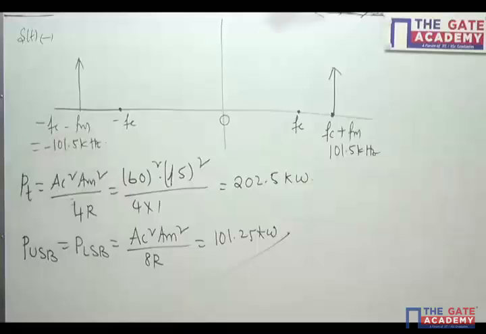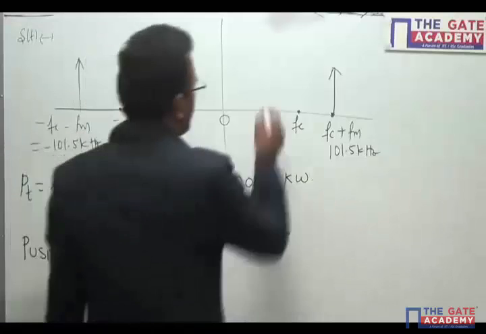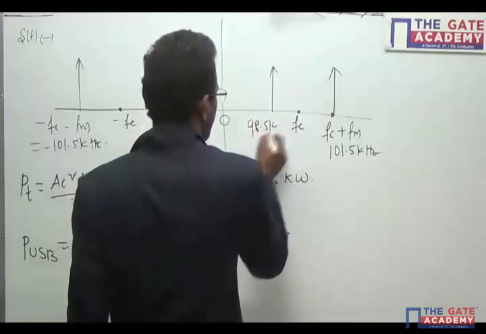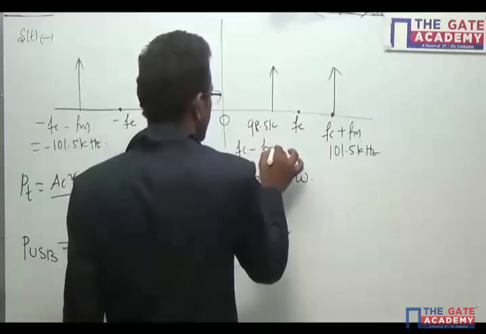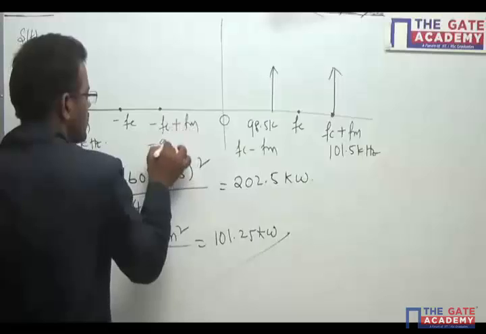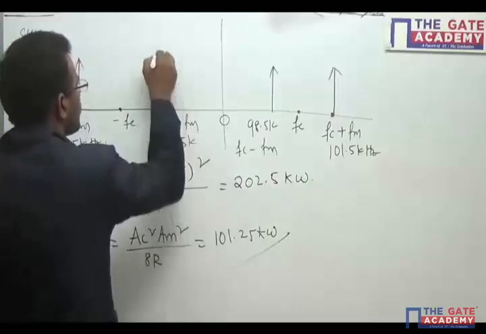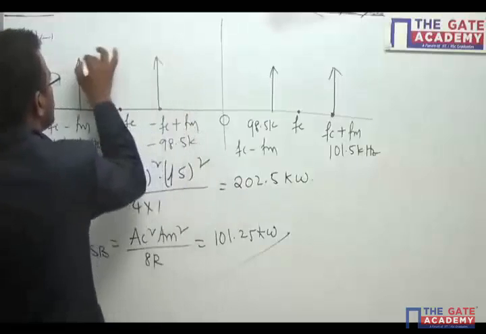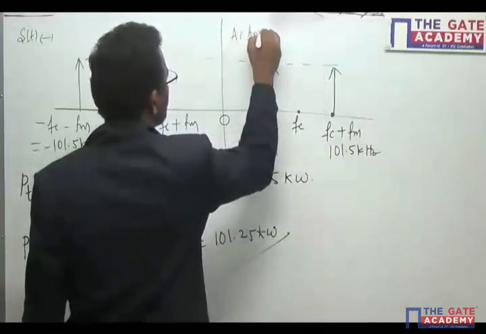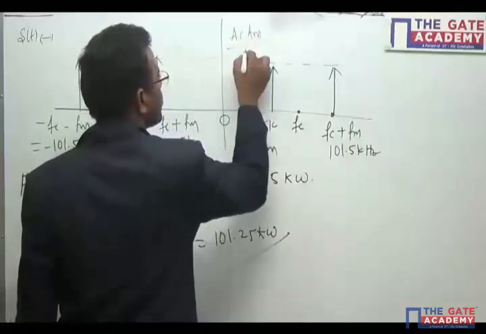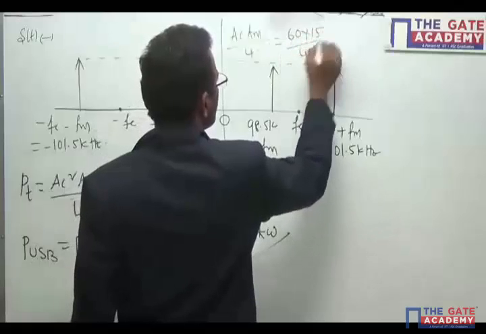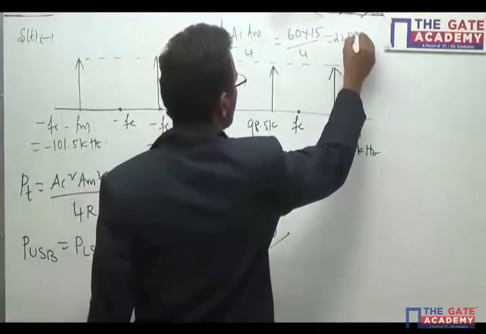Next component is Fc minus Fm, that is 100 minus 1.5, that is 98.5 kilo. The same thing will be in the negative, multiply by the negative, that is minus 98.5 kilo. I already told all will have the same strength. Strength value is Ac Am by 4, I told. Ac is 60, Am is 15 by 4, of course 225 volts.